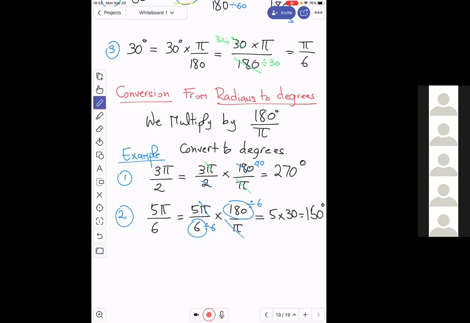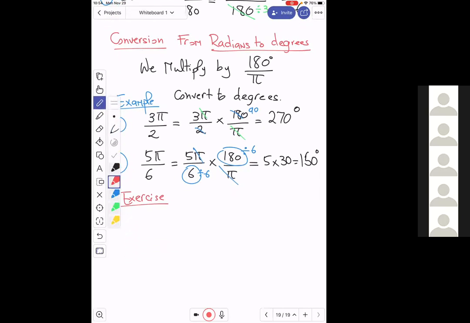All right, so here's an exercise for you guys. Please try to convert first to radians. This is exercise 1.